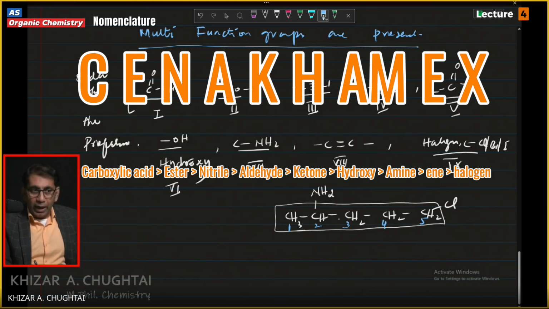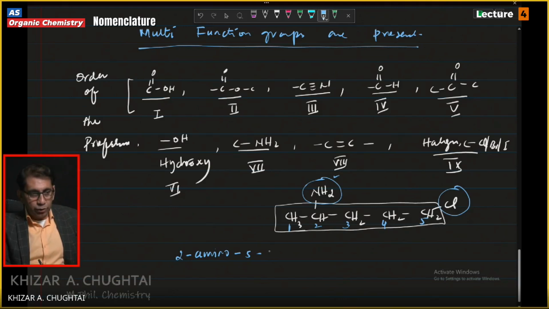It's time to write their names. Its name is amino. Its name is chloro. They are written in alphabetical order of the first letter. So 2 dash amino. Again dash, because I'm going to write number 5 for the second branch or functional group: 5 chloro.